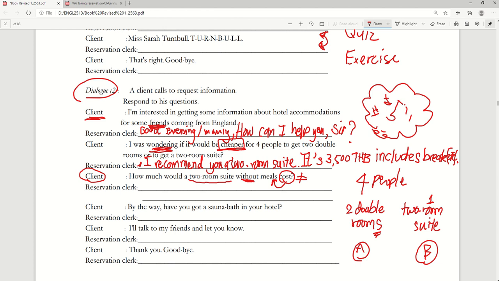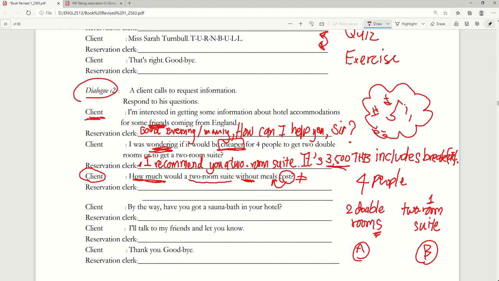So next one, how much for two-room suite without meal? So from 3,500 includes meal, so it must be cheaper, right?